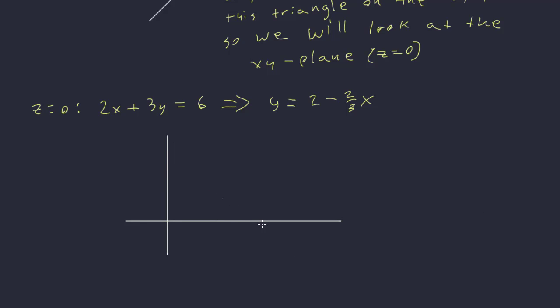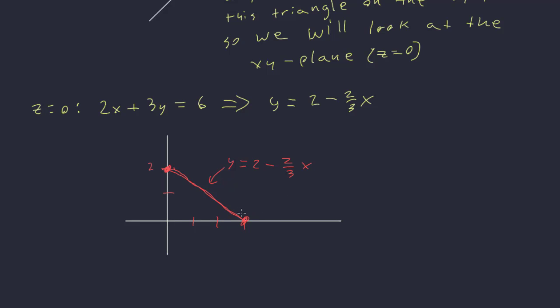So this line has y-intercept 2, and it's going to have x-intercept 3. It looks something like this. Here's the line, y equals 2 minus 2/3 x.